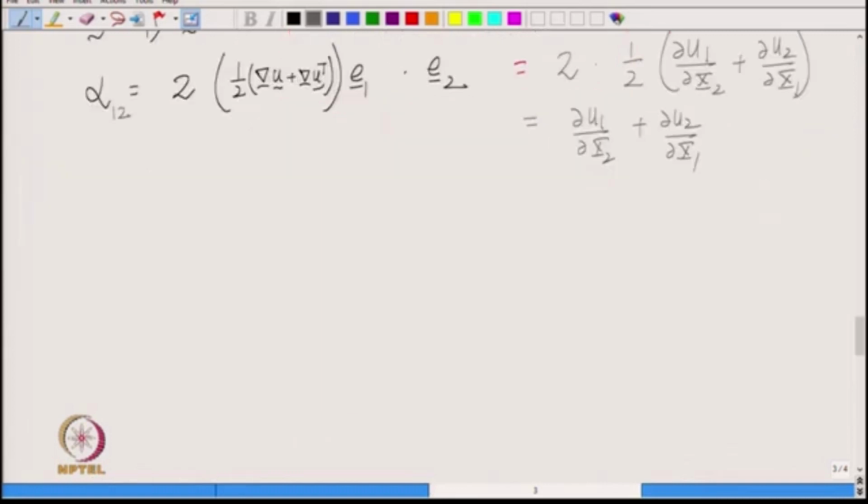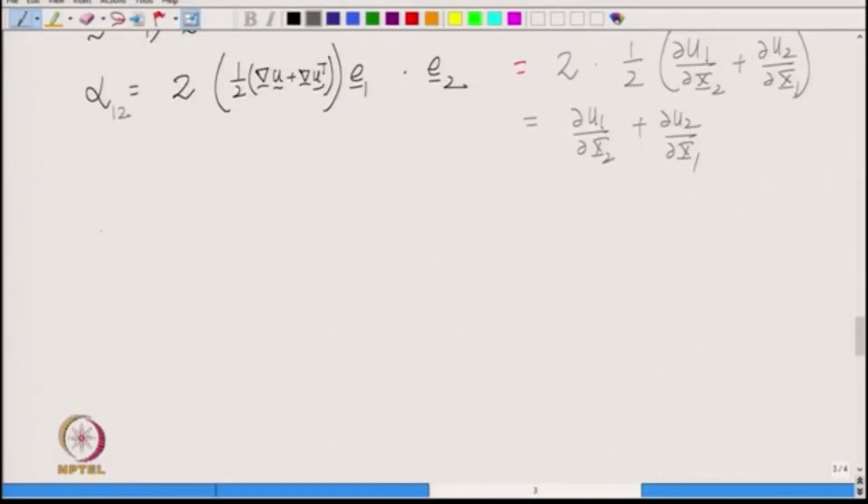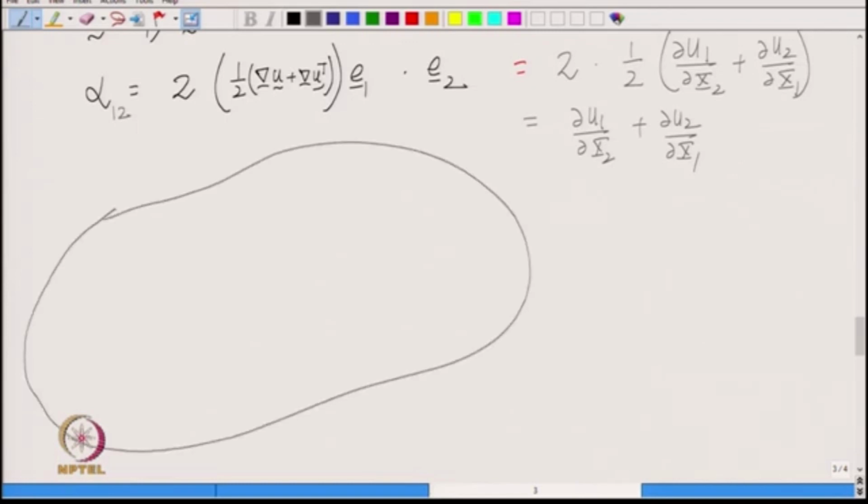Okay, so, let us try to also derive this formula through some pictures. Suppose we have this big body and we are at a point x, and there are these two lines. This has size delta x 1 and this has size delta x 2.